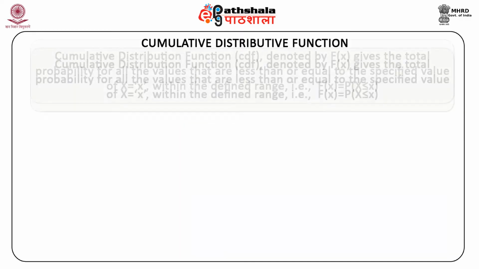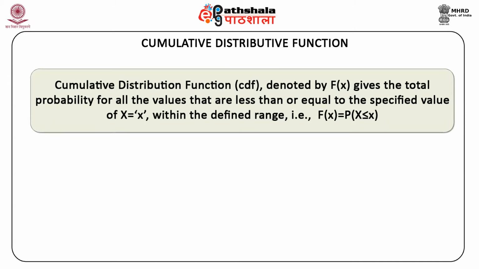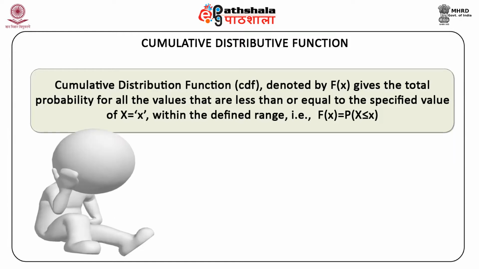Let us define the cumulative distribution function F(x). The cumulative distribution function CDF, denoted by F(x), gives the total probability for all the values that are less than or equal to the specified value of x, equal to small x in inverted commas, within the defined range, that is, F(x) is equal to the probability that big X is less than or equal to small x. It gives the probability of at most x.